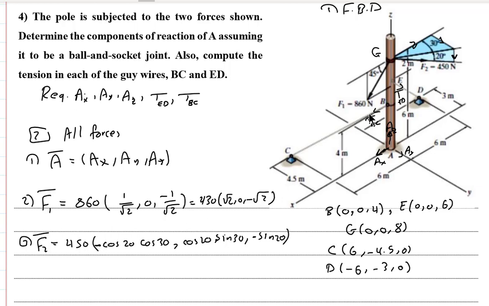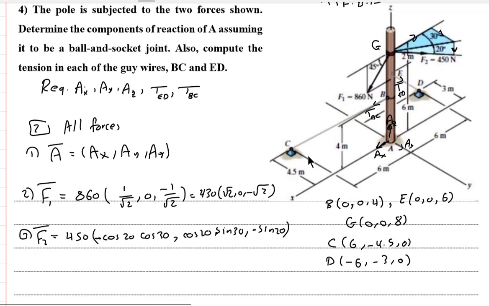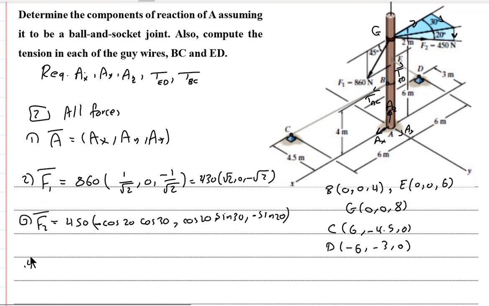And then look at the fourth force, which is TBC. For the fourth force, the TBC vector, you can write it as TBC multiplied by the BC vector divided by the BC magnitude. BC is C minus B. It will be 6 and then minus 4.5 and finally 0 minus 4, which is minus 4, divided by 17 over 2.